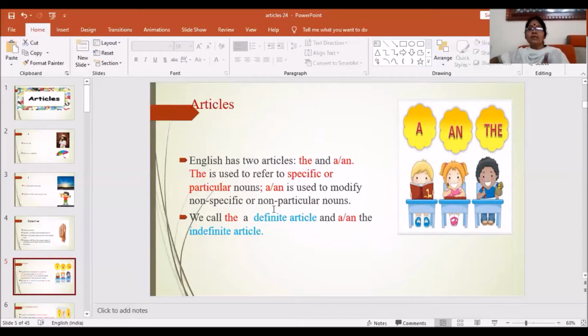We call the the definite article and a and an the indefinite article, right?